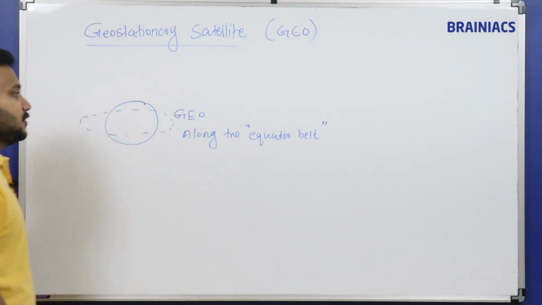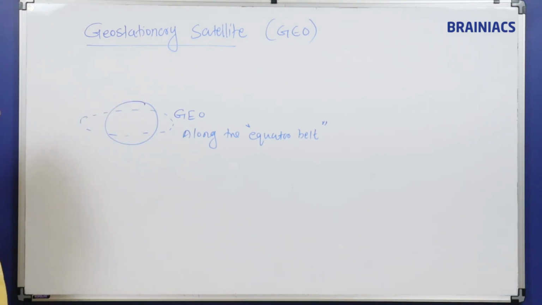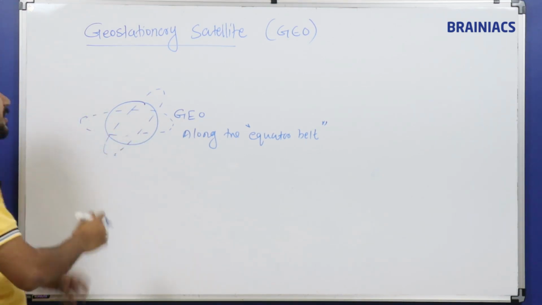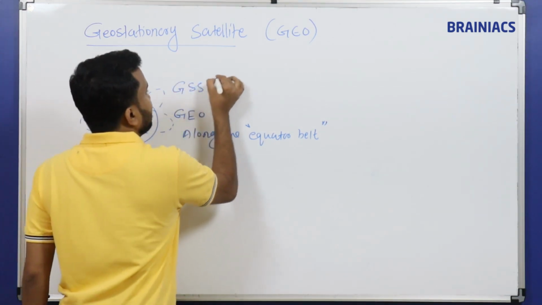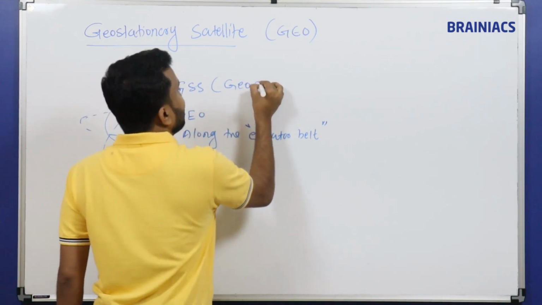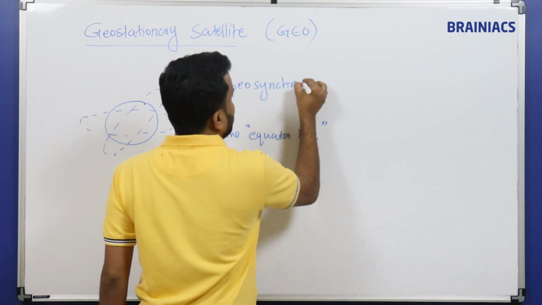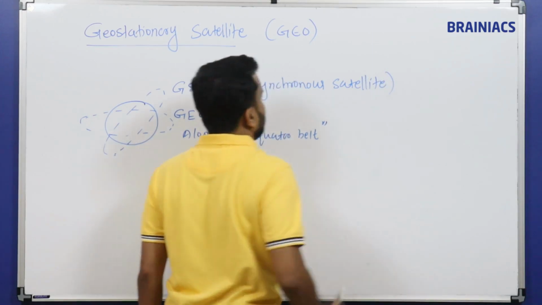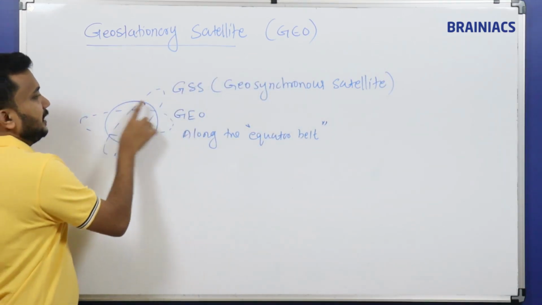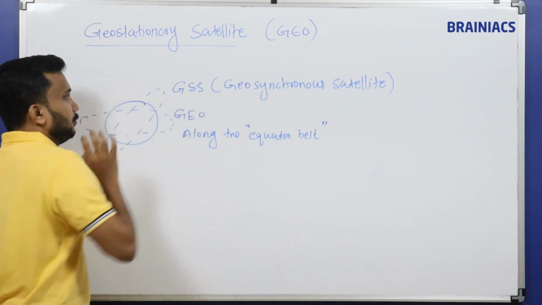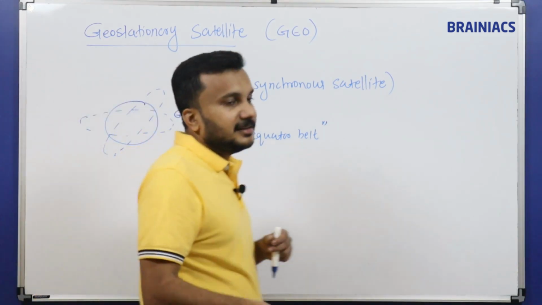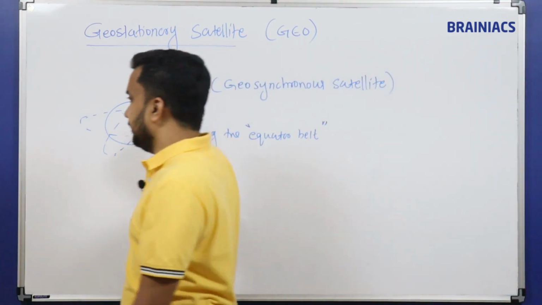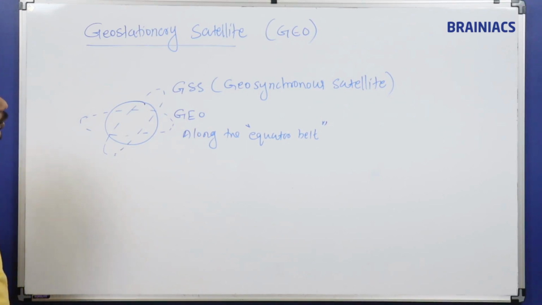Similar to geostationary satellites, there are other satellites that rotate at an angle, a little bit tilted. They are called GSS, geosynchronous satellites. Geostationary satellites rotate along the equator belt. The same satellites are also called geosynchronous satellites when the rotation is inclined, meaning not rotating along the equator belt.